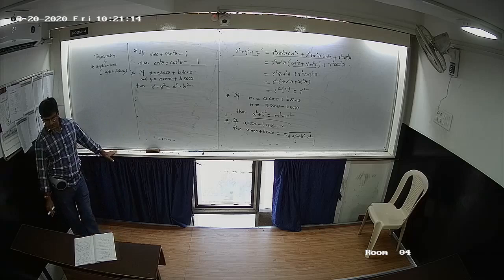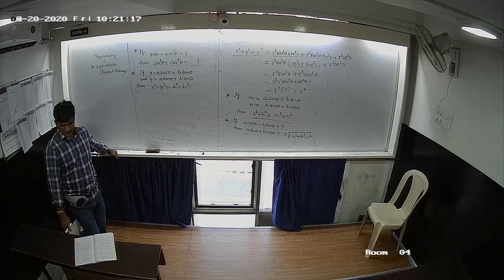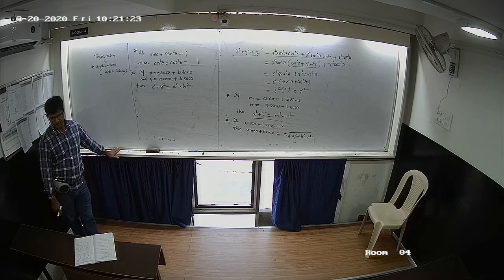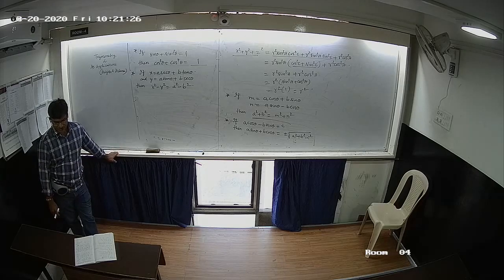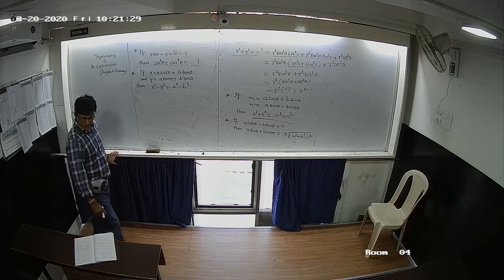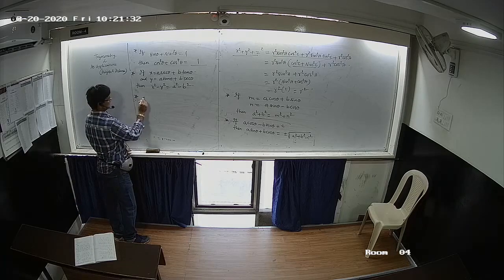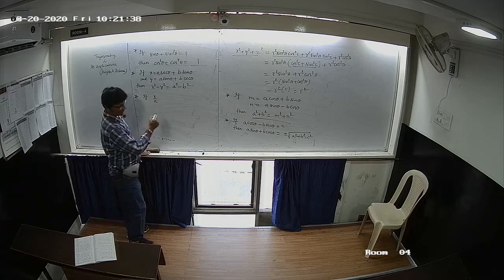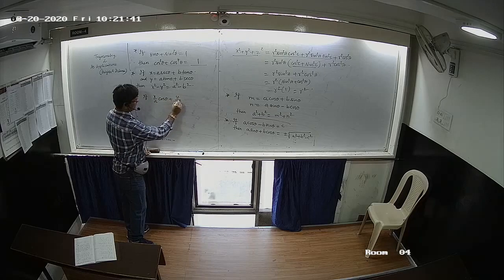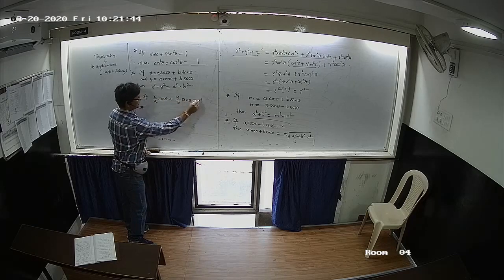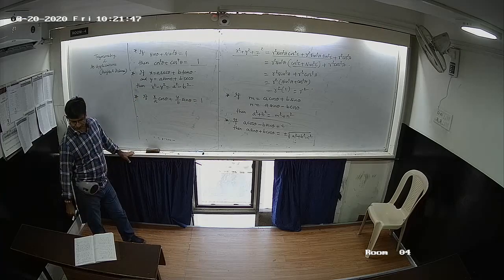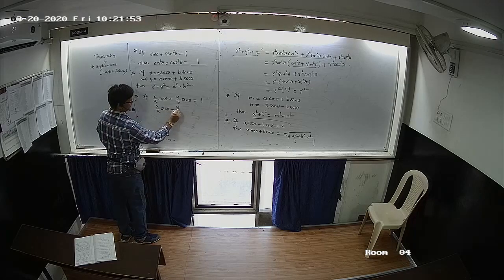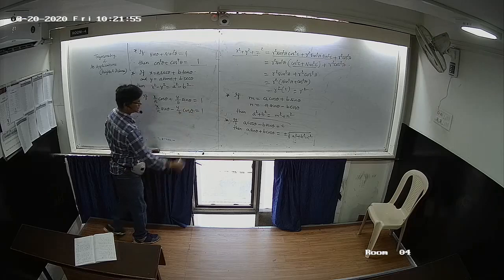If x is equal to a sec theta plus b tan theta and y is equal to a tan theta plus b sec theta, then x by a cos theta plus y by b sin theta is equal to 1, and x by a sin theta minus y by b cos theta is equal to 1.